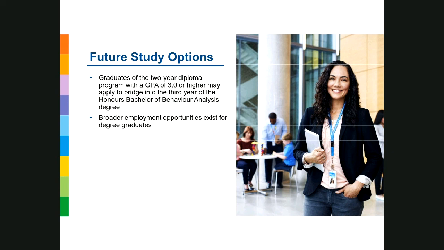So what that means is that you can apply to take some courses over the summer that elevate your learning in certain things to be ready to enter the 3rd year of the degree. And then you complete your 3rd and your 4th year, and you graduate with a degree, which, as I mentioned, can open up some additional employment opportunities. If you're interested in going further into a master's or things like that, that can help you with that as well.